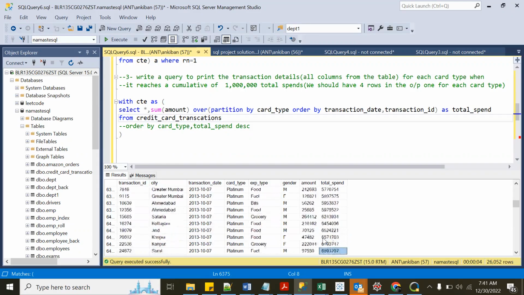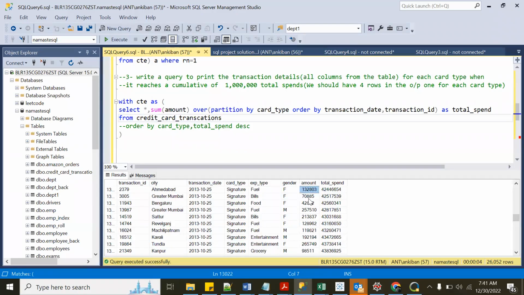Again, if we go to the next one, let's go to the next one. Signature. Okay.